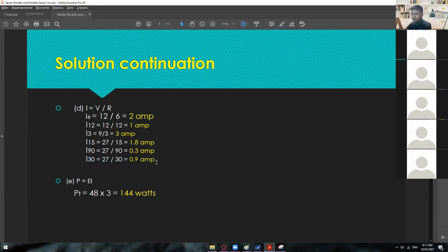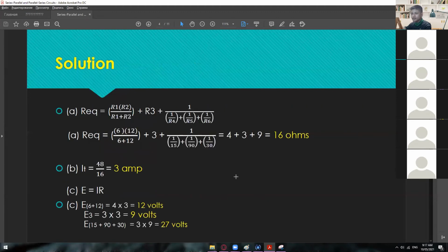Okay? So, ito yung hindi natin na-solve kanina. So, hindi ko na napakita kasi medyo mahaba. Pero ganun yung pattern. Ito yung na-solve natin kanina. Okay? 2 amps and then the 1 amp. Okay, and then of course, 3 amps for this section.